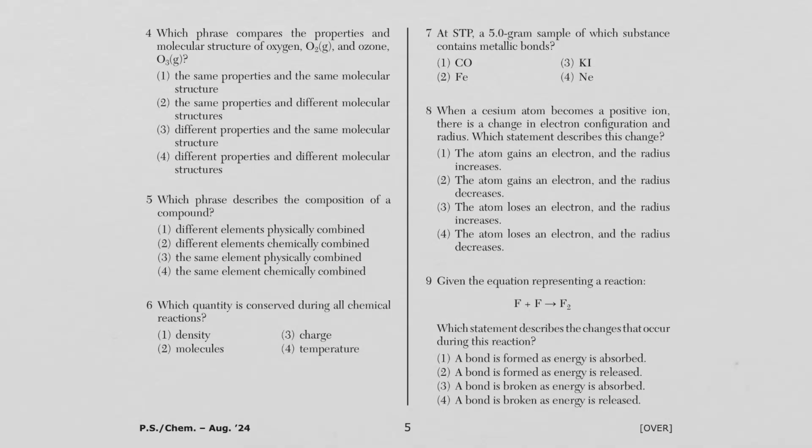Here is another vocabulary word where they don't use the word, but this question shows up all the time, and that's question 4. Which phrase compares the properties and molecular structure of oxygen, O2, and ozone, O3? These are known not as isotopes, but allotropes.